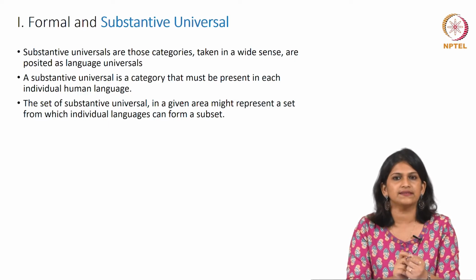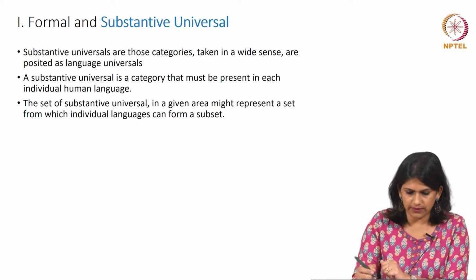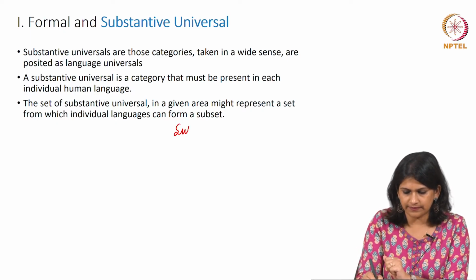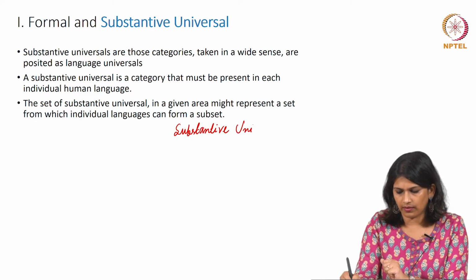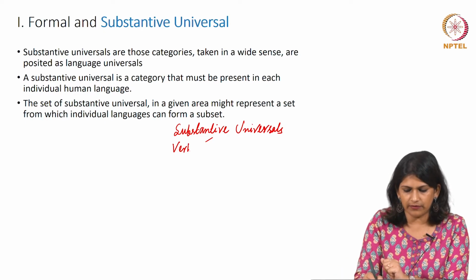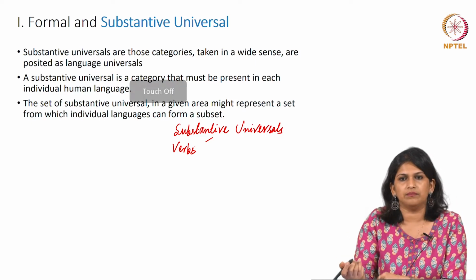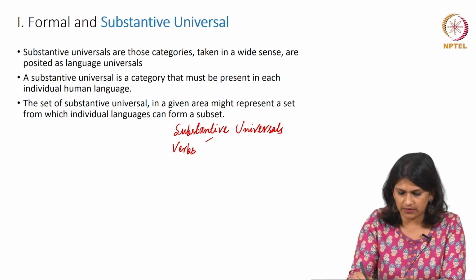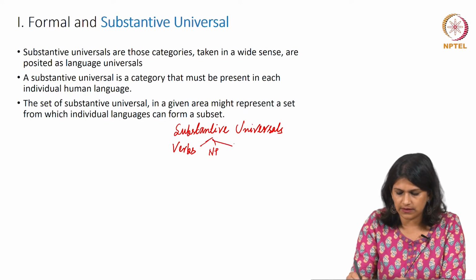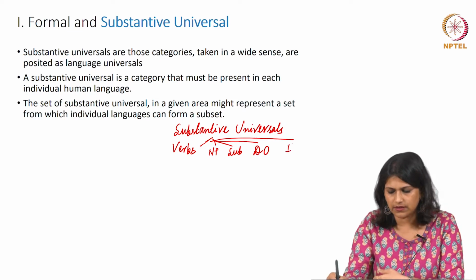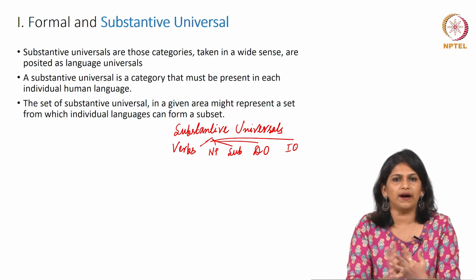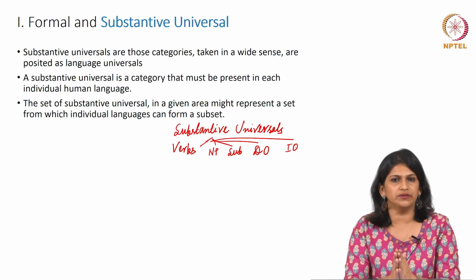Let us say in syntax you have categories like verb. Here I am going to write the substantive universals. You have categories like verbs, noun phrase, subject, direct object, and indirect object. These are the things which are going to be a part of the language universal.